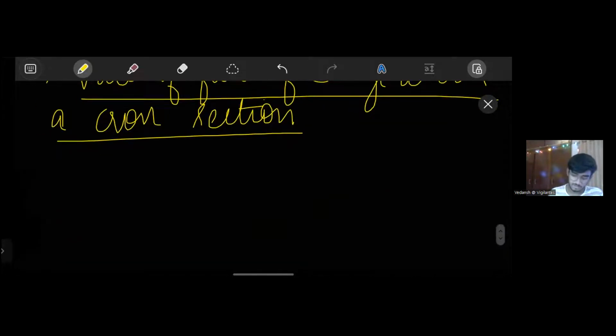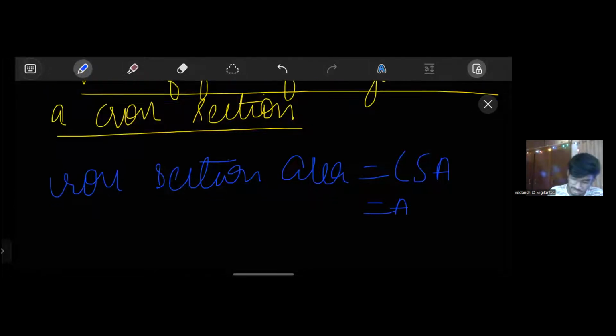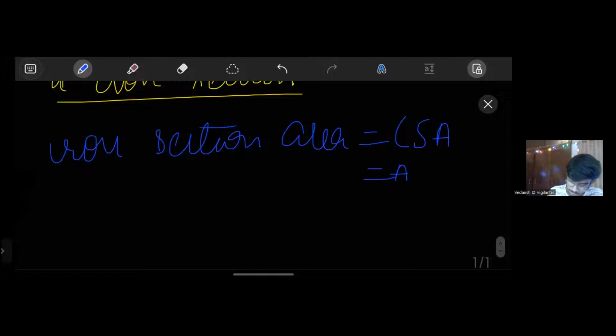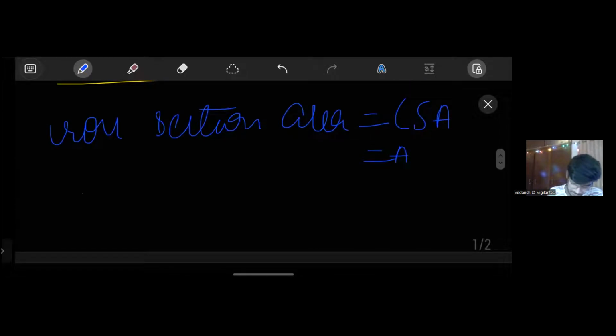Now, what is a cross section, you may ask? If you're relatively new with this term, be acquainted with it because we tend to use this word a lot in physics. So a cross section area, or you can say CSA or just A, is basically this thing.